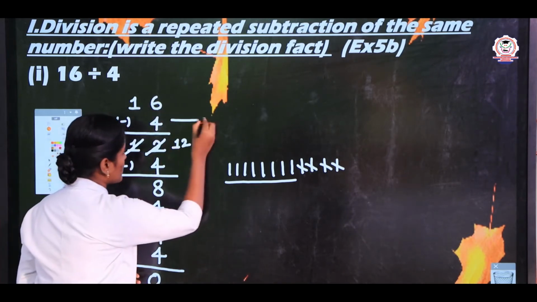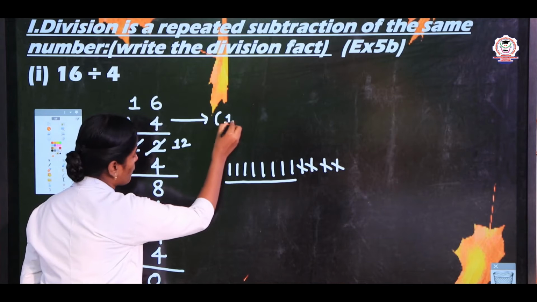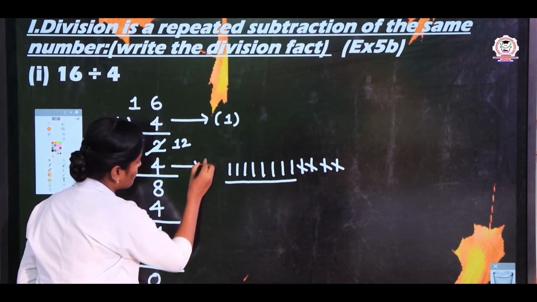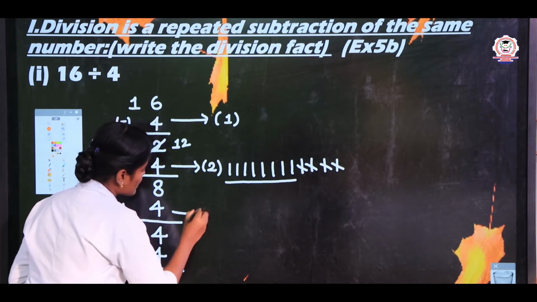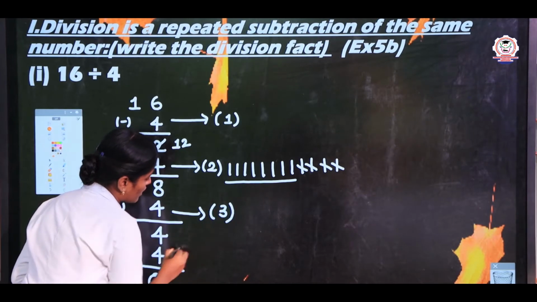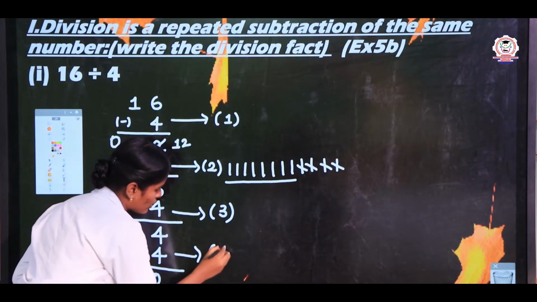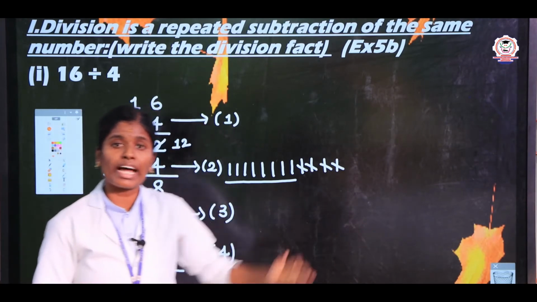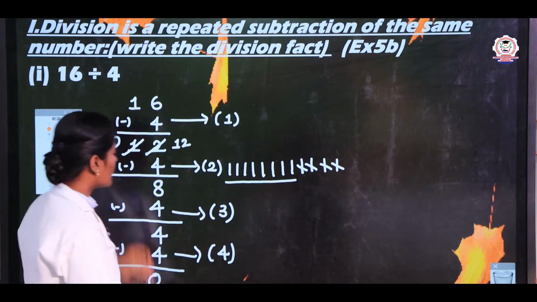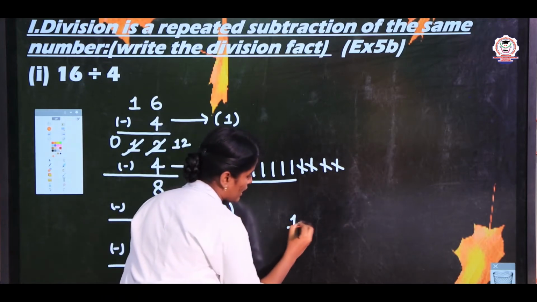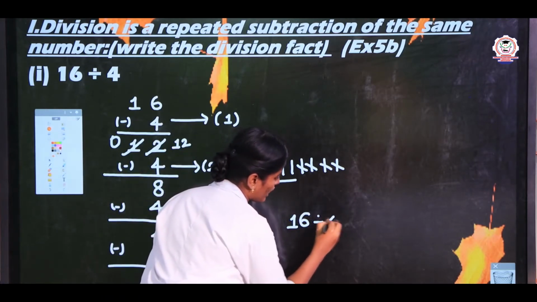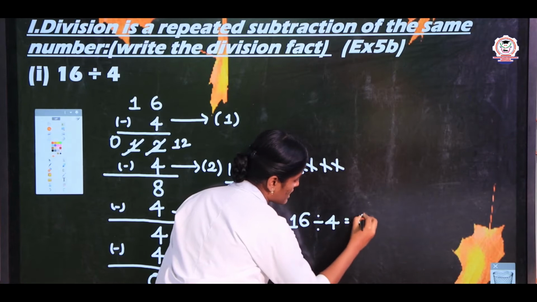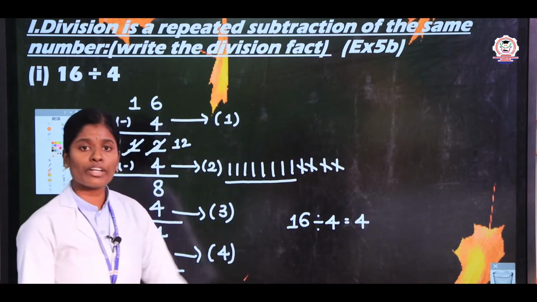This is step 1, step 2, step 3, step 4. So the answer is 4. 16 divided by 4 equals 4.